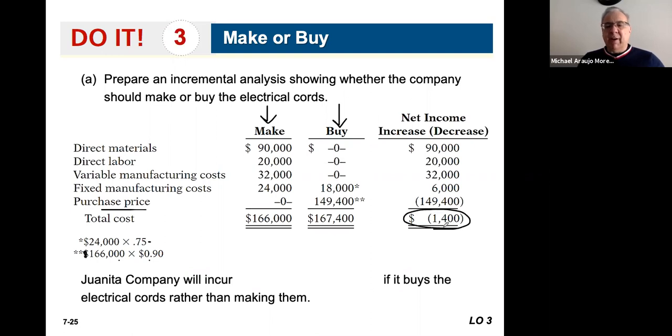Their net income would decrease. So buying them even at that lower price is not worth it to them because their profit would decrease. Juanita would incur additional costs if it buys them, so it's not a good idea.